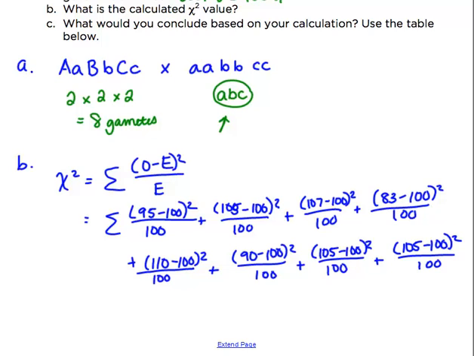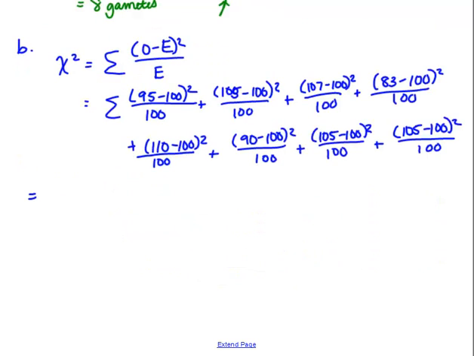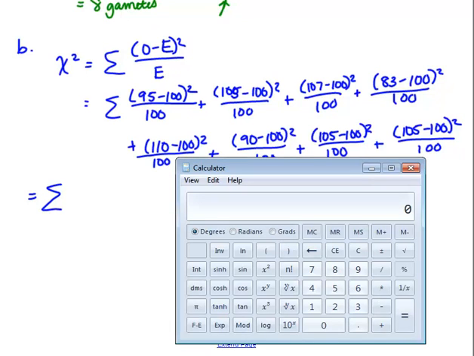Okay, so let's do these calculations. 95 minus 100 is negative 5, squared is 25, and 25 out of 100 is 0.25.